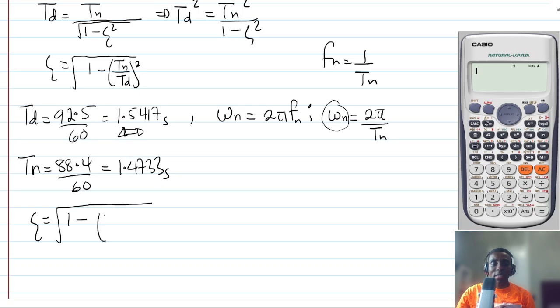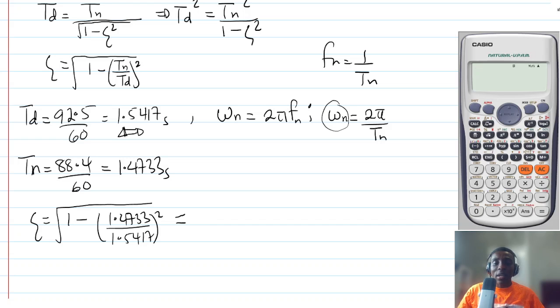So you just do 1 minus Tn, which is 1.4733, divided by 1.5417, and then you square it.